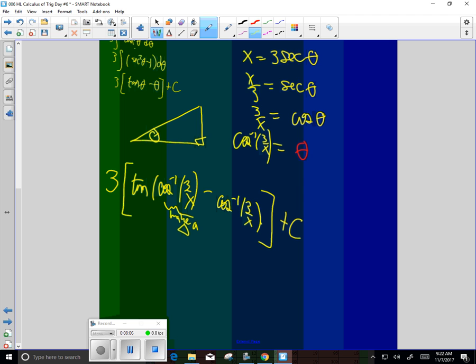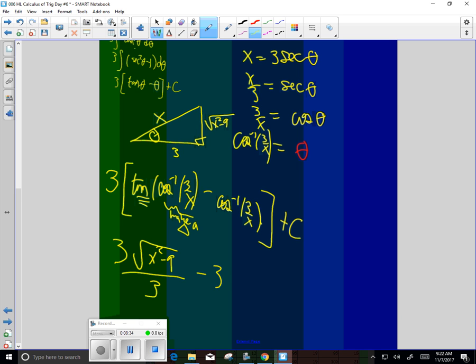All right, so then we go 3 over x, because it's cosine. This will be the square root of x squared minus 9. So we go 3, if you don't mind, I'm just going to multiply this through. 3 times the tangent. So the tangent is opposite, square root of x squared minus 9, over 3.